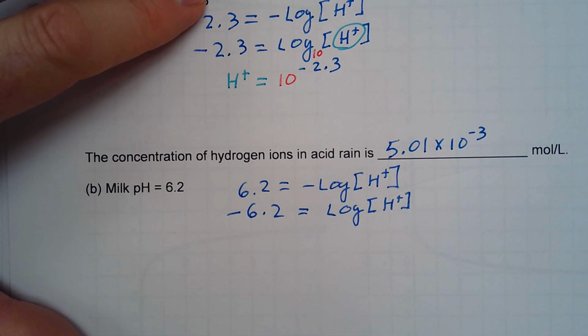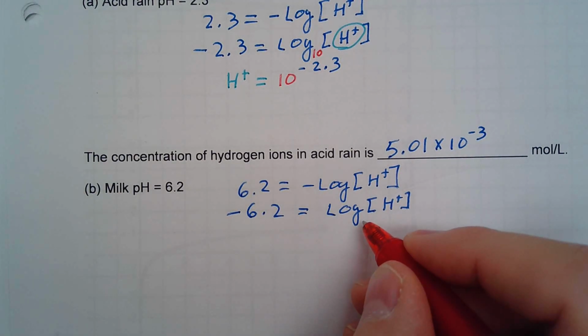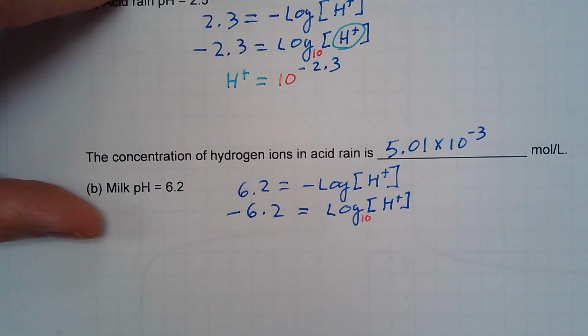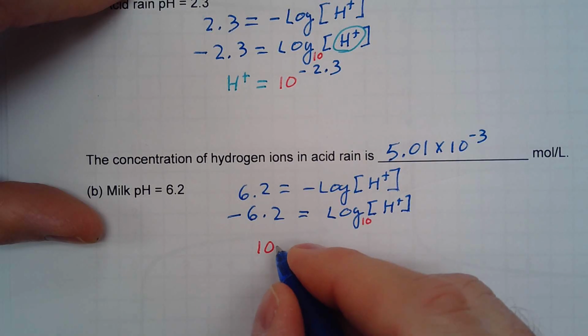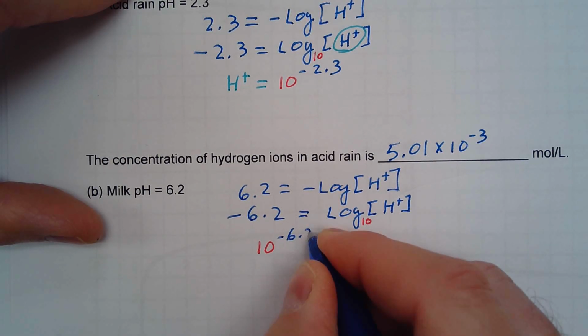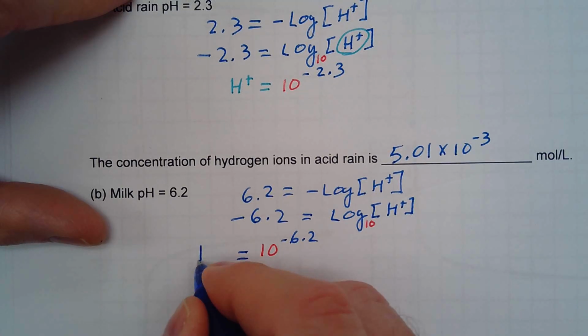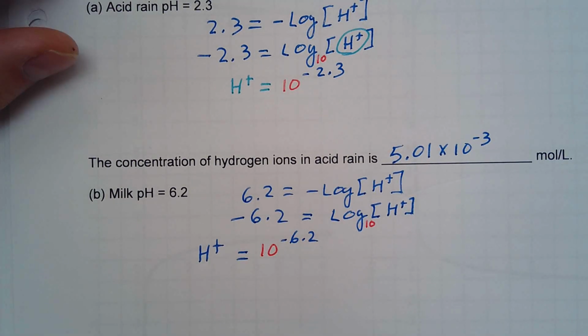And just keep in mind here, my base is 10, so I'm just thinking about there being a 10 here. I'm going to rewrite that as 10 to the power of -6.2 has to be equal to my H positive.